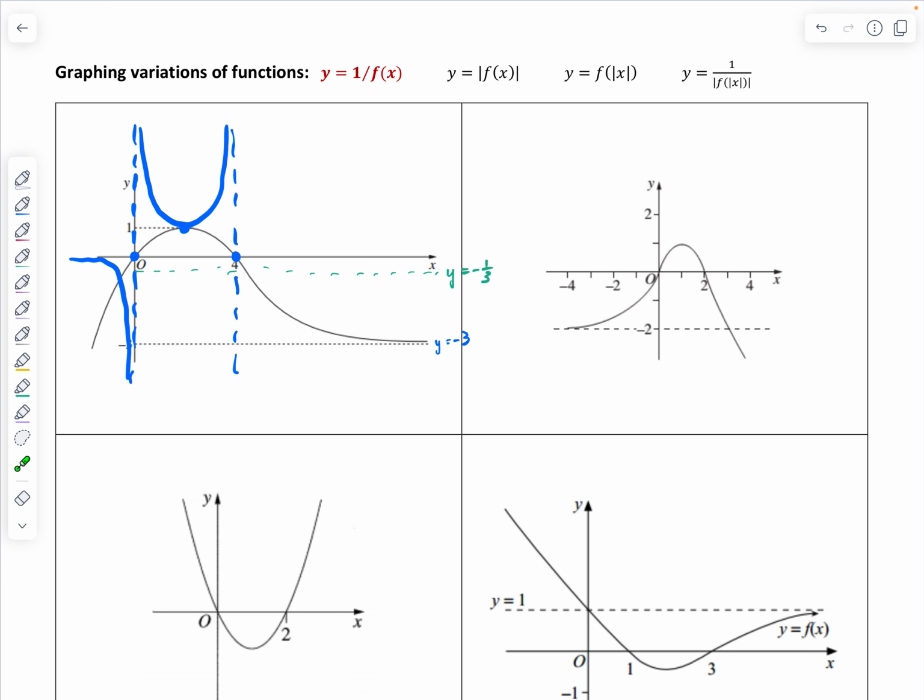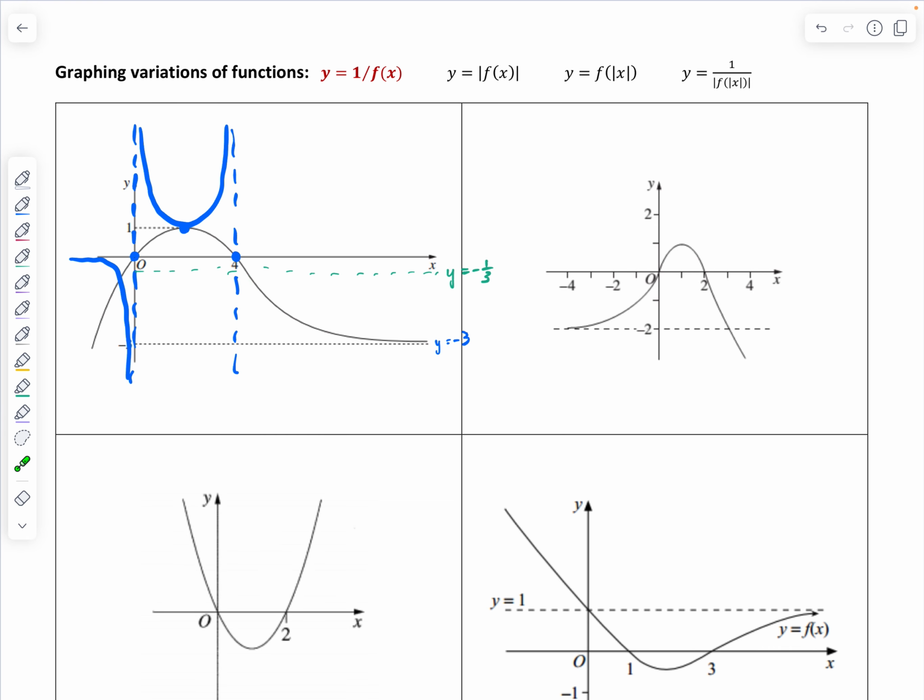And so think of it this way. As the original approaches -3, then the reciprocal approaches -1/3. Now have a think about why it's on this side, not on this side, right? Now here we've got small value, so the reciprocal of small is large, right? This sort of thing.